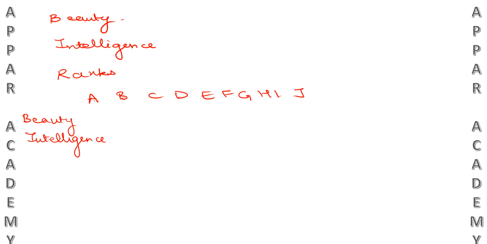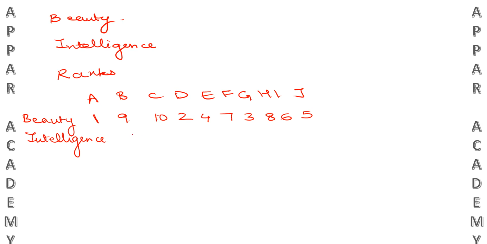Let's give them rank. Let's suppose person A is the most beautiful one. Then we have person D, then G, then E, then J, then I, then F, then H, then B, and then C. Next, intelligence.